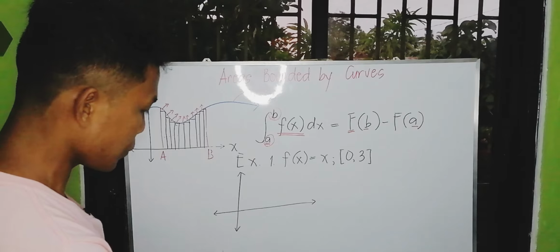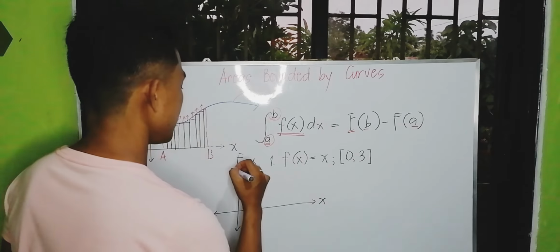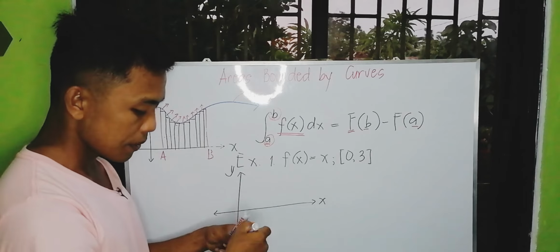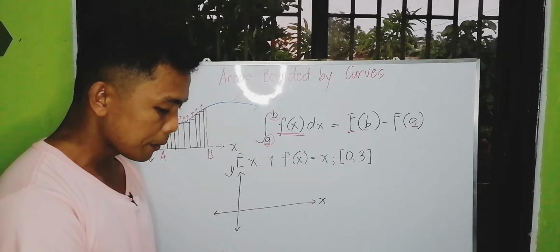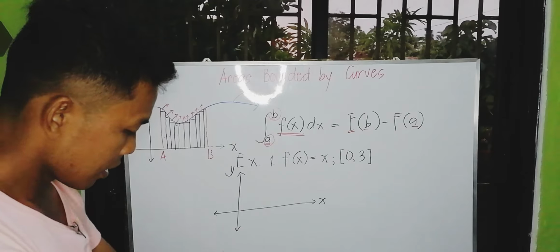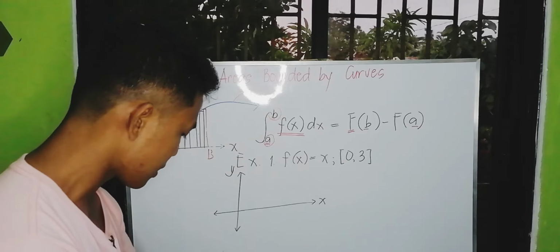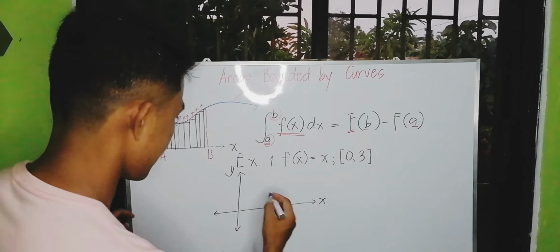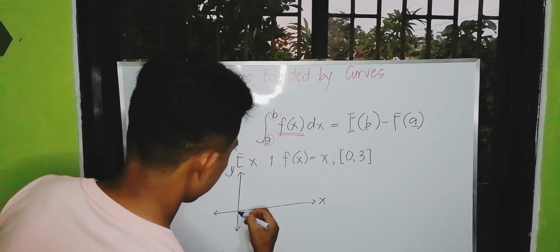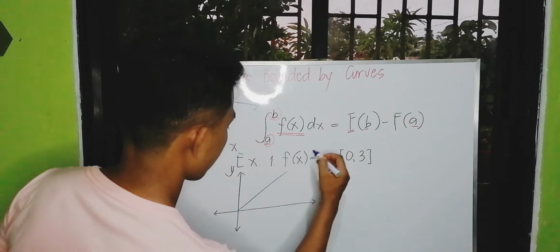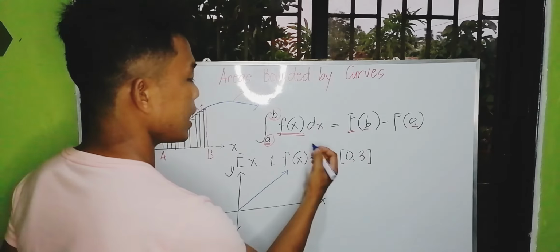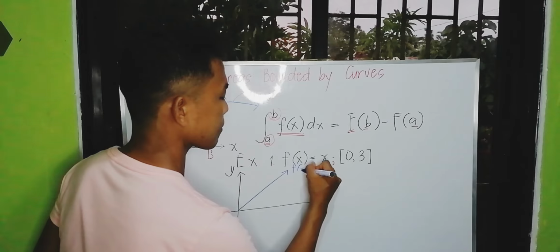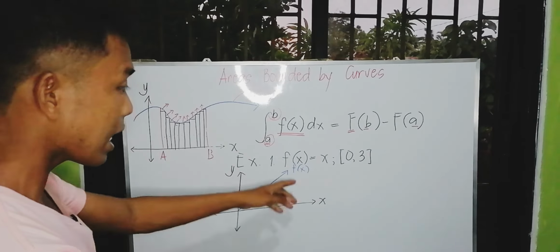So, this is your x-axis, this is your y-axis. So, you are interested in finding the function f of x is equal to x. So, we have here, okay, this is your function f of x. Okay, so nag-graph mo na.